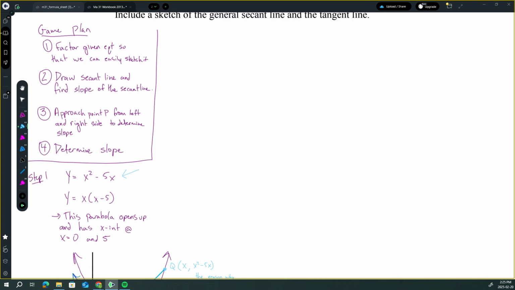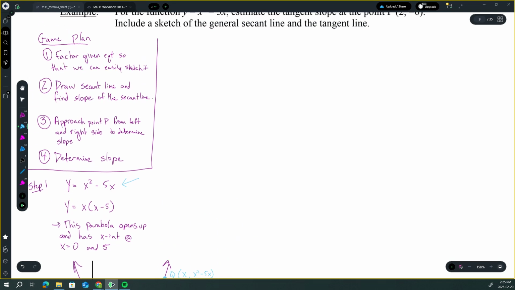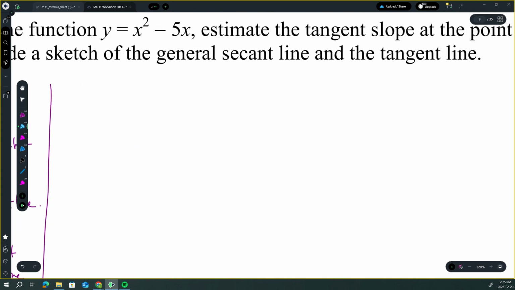So, step 2, we drew the secant line. Now we need to find the slope of said secant line. Step 2: secant line slope.